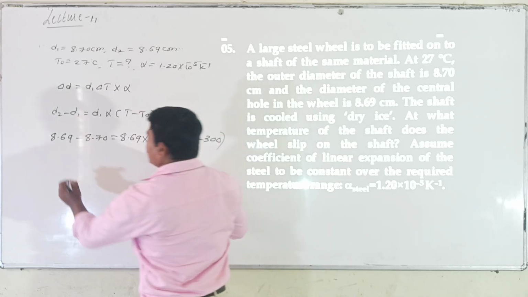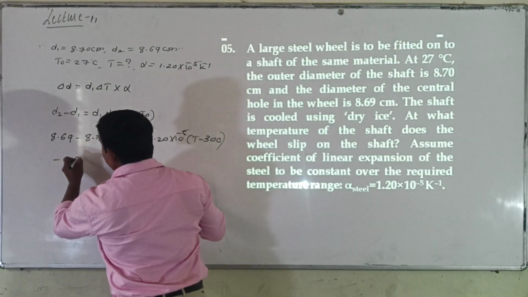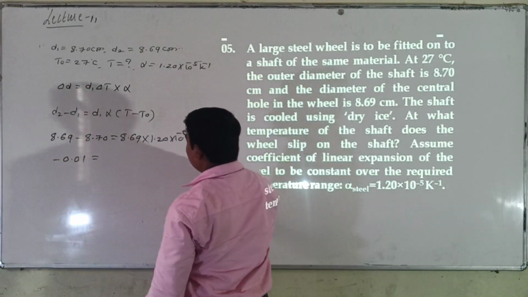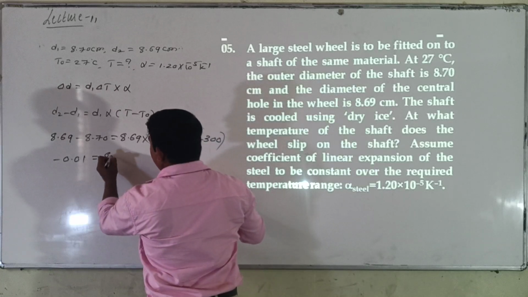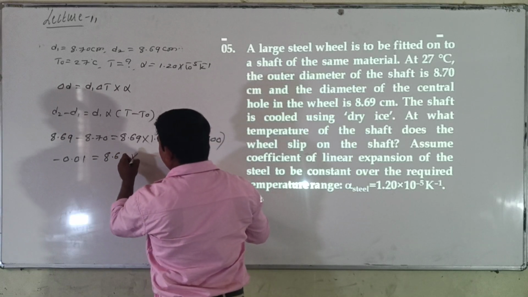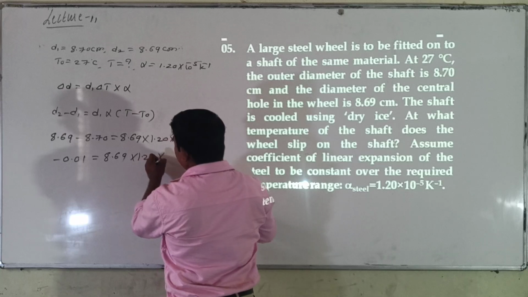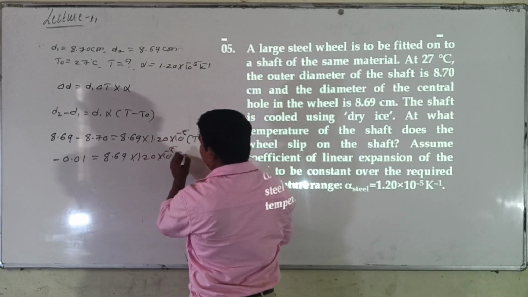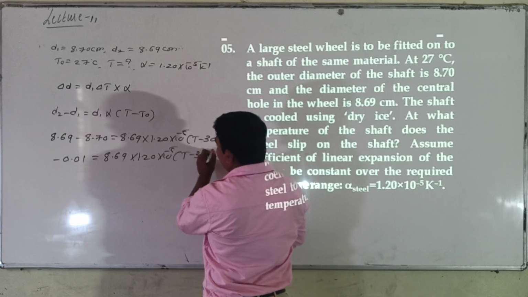Just go for the calculation. D2 minus D1 is minus 0.01, which equals 8.69 into 1.20 into 10 raised to minus 5 into (T minus 300).